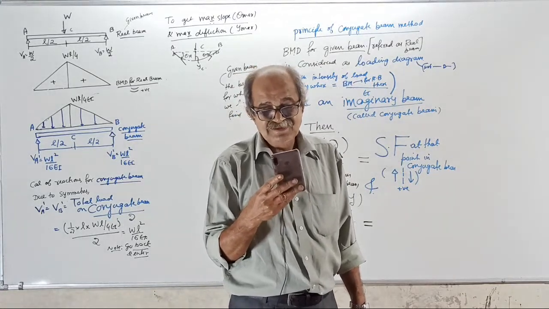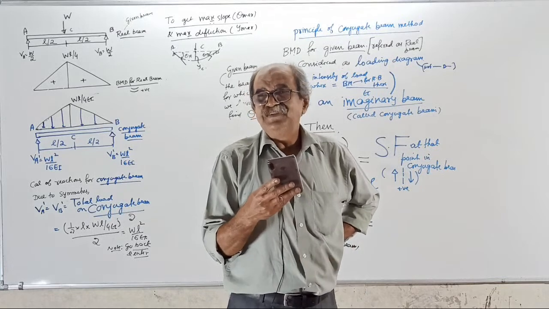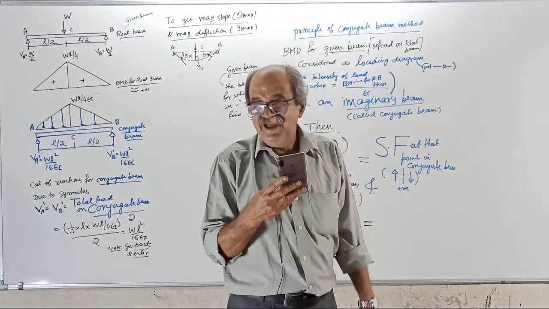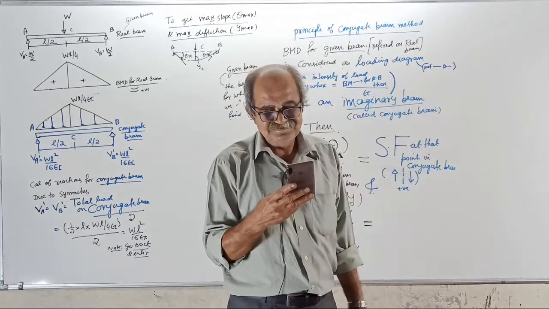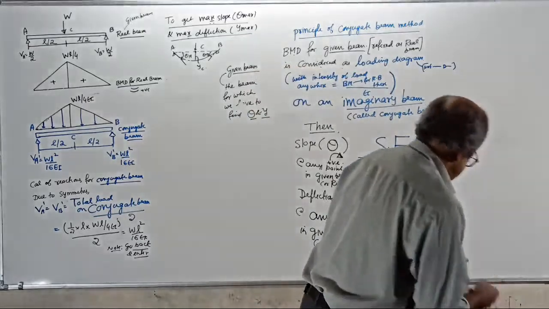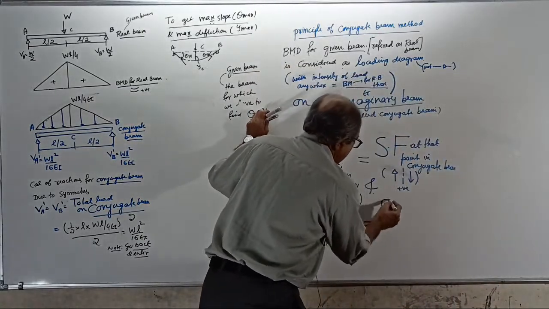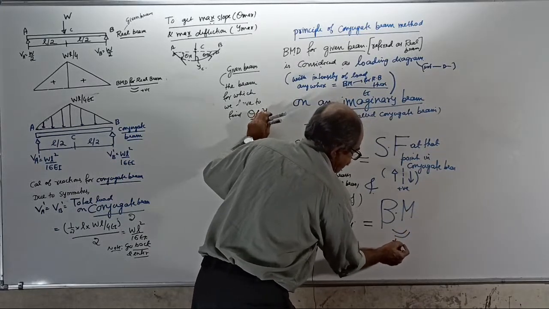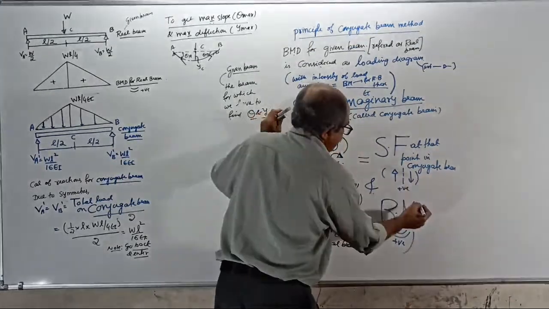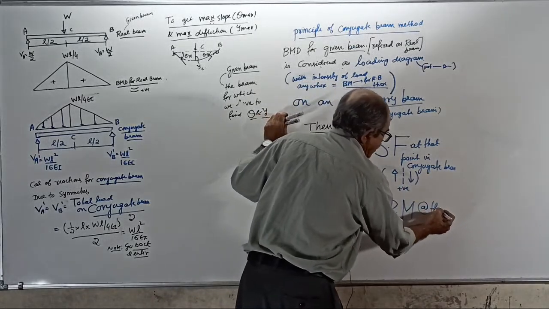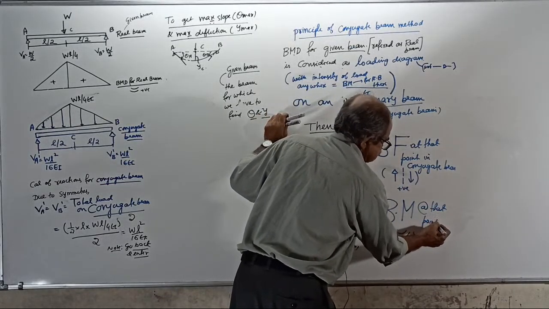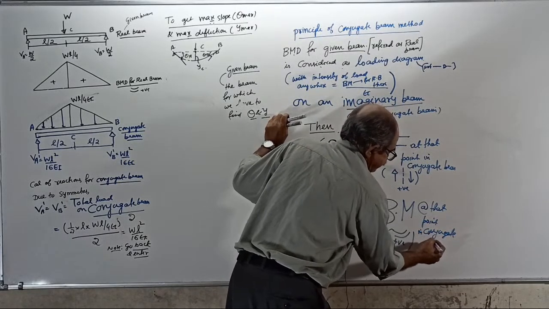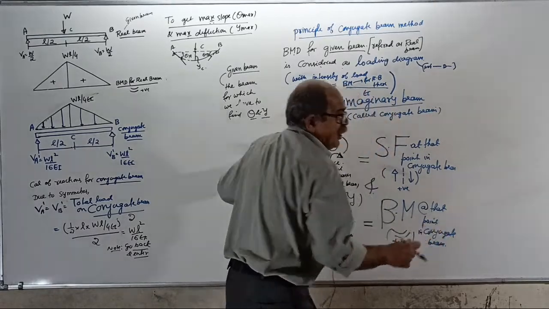How does it come to the mind, equal to BMD? BMD is a diagram. BM equal to bending moment, sagging positive, at that point in conjugate beam. Hey, Ryan, please stop for 10-15 minutes.